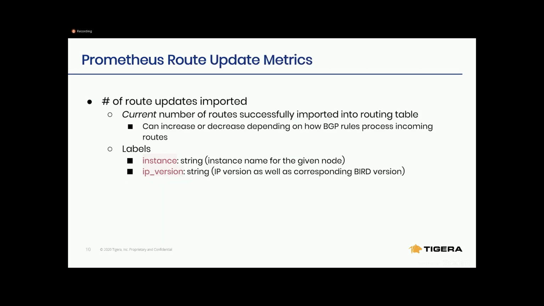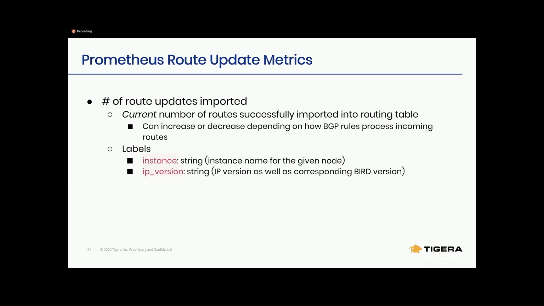Additionally, you have the number of routes imported as well, so the current number of routes successfully imported into the routing table. It increases or decreases depending on how BGP rules process the incoming routes. So if you're using route reflectors or other mechanisms to lessen the number of adjacencies that Bird is establishing, that will change these metrics.